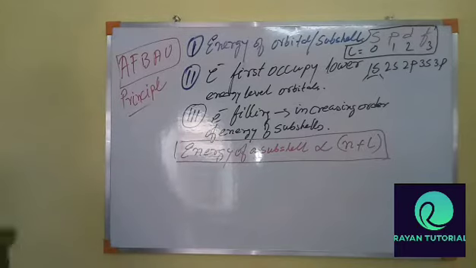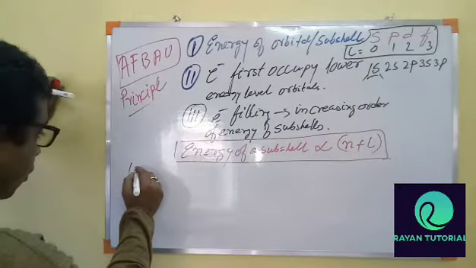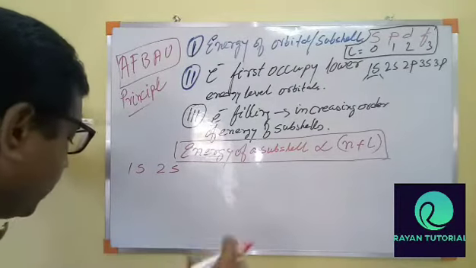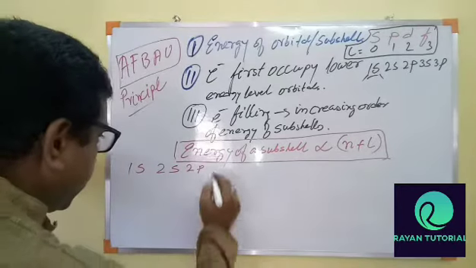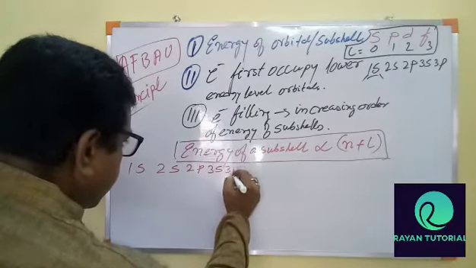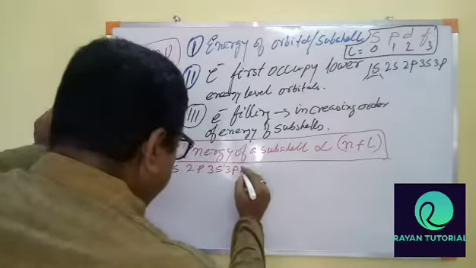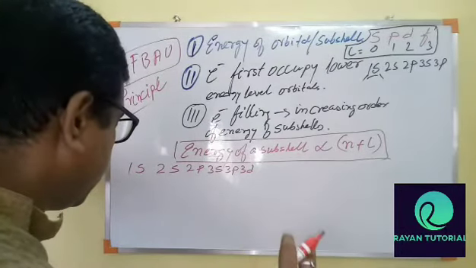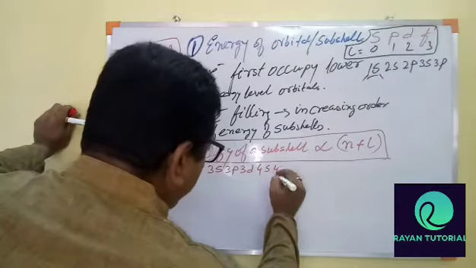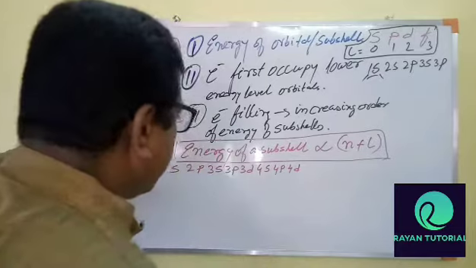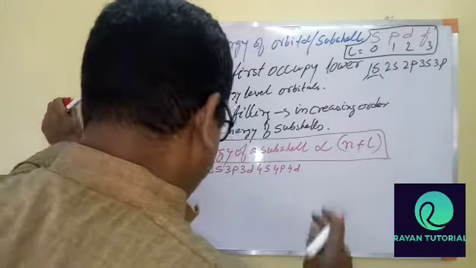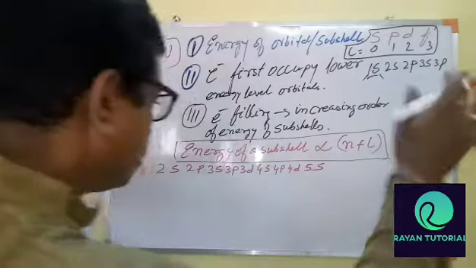Suppose there is 1s, then 2s, 2p, then 3s, 3p, then 3d, then 4s, 4p, 4d, then 5s, right? No need to go further.